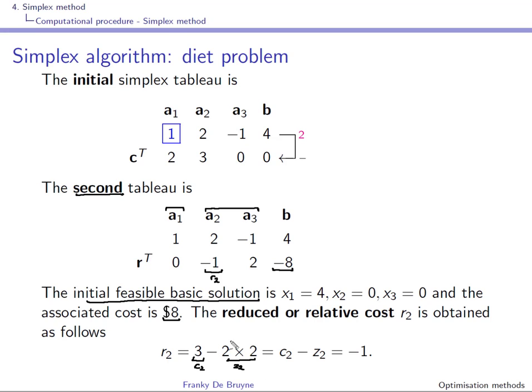In some of the slides that I have skipped, there is an interpretation of this Z2, so you can have a look if you're interested, but you can see that this reduced or relative cost is -1 in this case. And this means that it will be interesting to bring the variable x2 into the base to replace the variable x1, because it will decrease the cost.